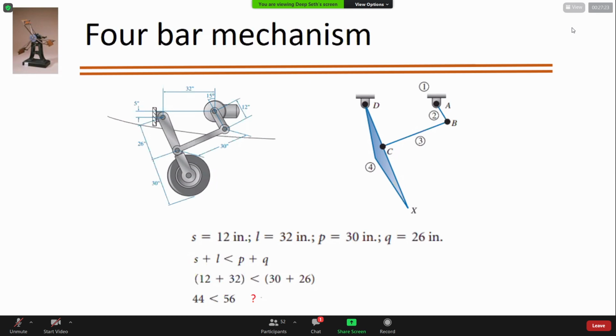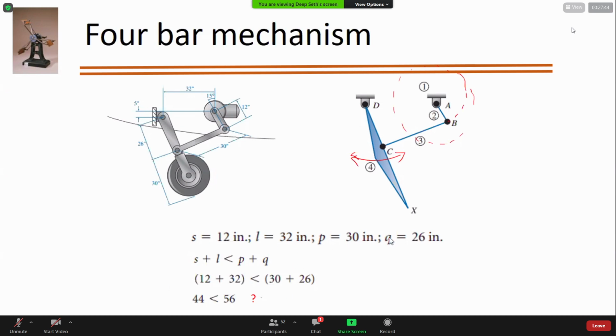I think it's double rocker, sir. No, it's not a double rocker. It's a crank rocker because here you will have full rotation. So this is your crank, and this is your rocker, which will move in oscillatory motion. Let me do one thing.